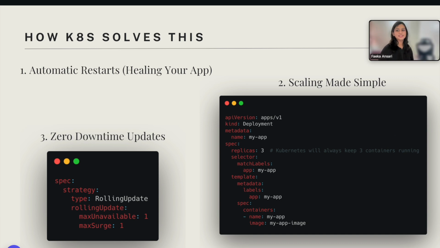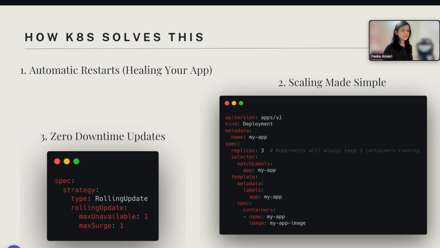So Kubernetes in itself will take care of container management for you, and it will automate all of these tasks like restarting your crashed containers, scaling your application, or even updating it without any downtime. So how does it do so? With automatic restarts. This is a very beautiful feature which self-heals, so your apps will heal by themselves. Kubernetes will monitor your application containers all the time and restart them automatically if anything goes wrong.